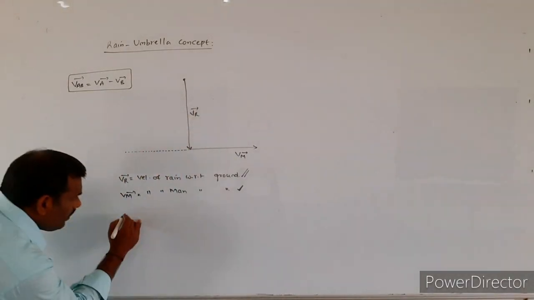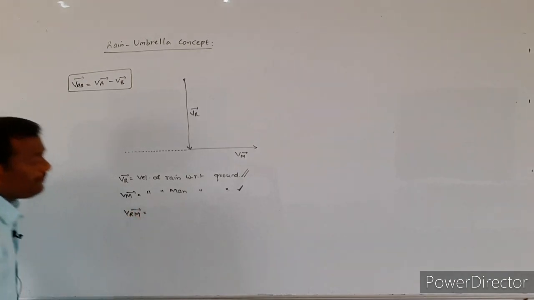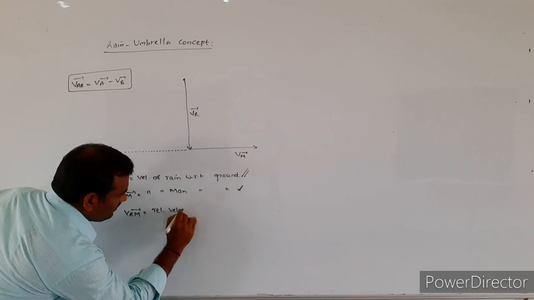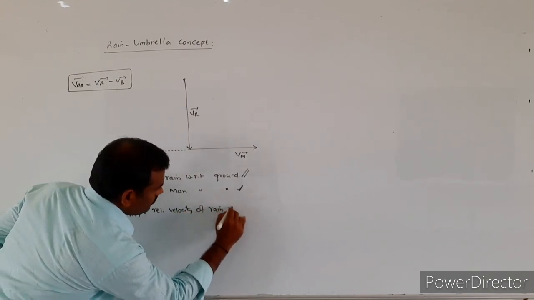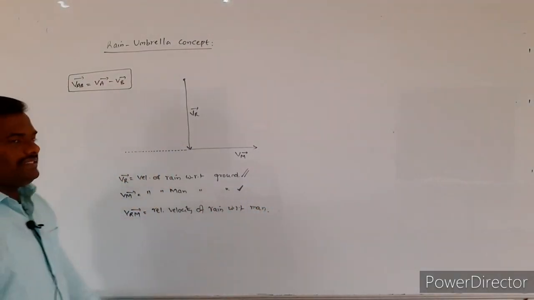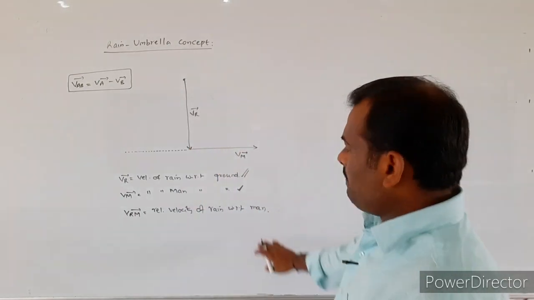So, Vrm bar is indicating the relative velocity of the rain with respect to the man.